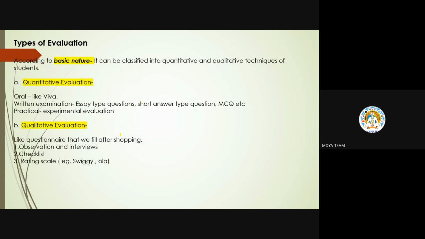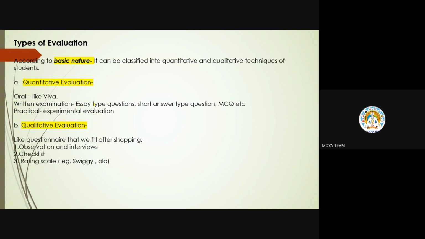Now, type of evaluation according to basic nature. Okay, according to basic nature, it can be classified into quantitative and qualitative. In quantitative, the examinations are like oral, like the viva of anything. Okay, like in the physics examination, after the practical, the examiner would take the viva. Okay, and the written examination.